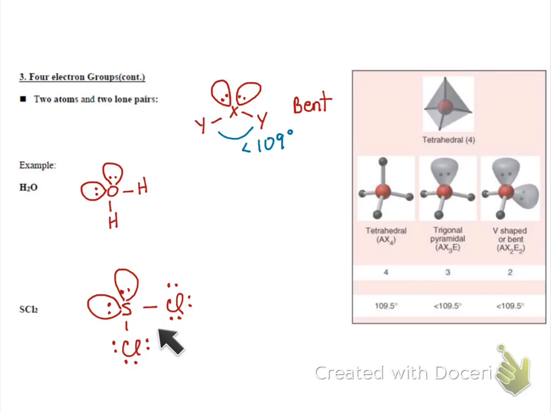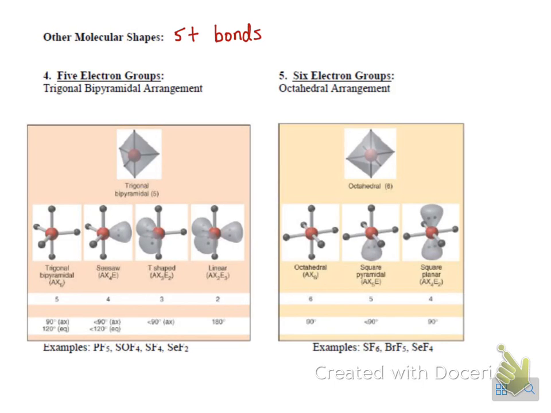So the most important thing for shape is to make sure that you're drawing the correct Lewis structure, because you have to figure out if the central atom has lone pairs or not. So other molecular shapes, we are only going to go to 4, but they definitely go past 4.